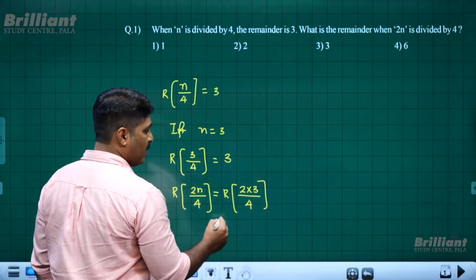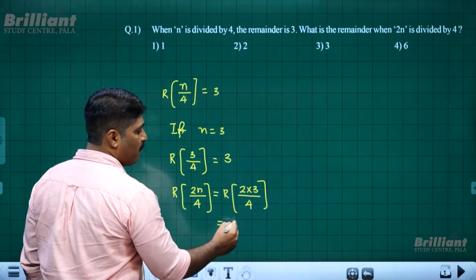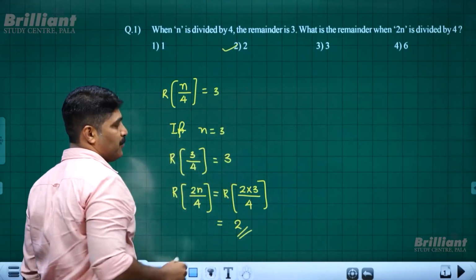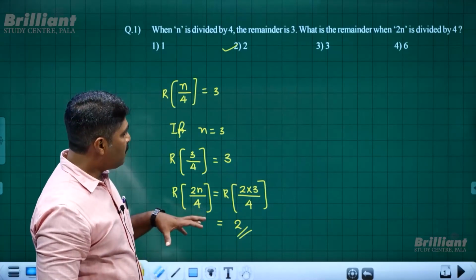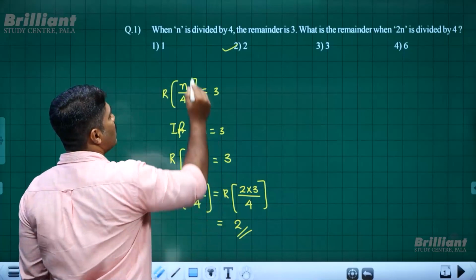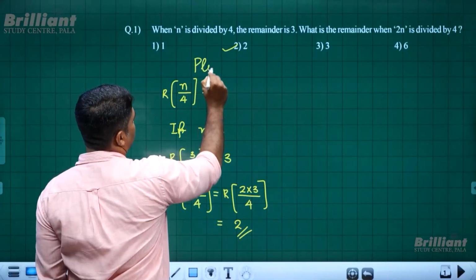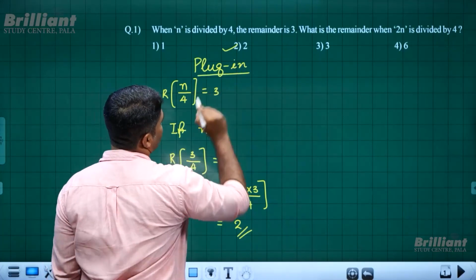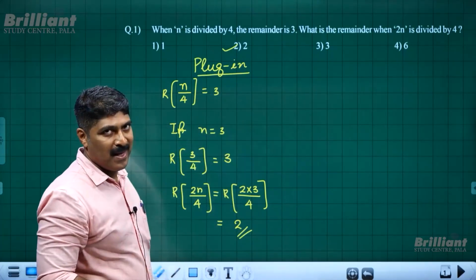The remainder of 6 by 4 is 2. Hence the answer is option 2. This is a way of sample or assumption. This method is called plug-in, where we plug in some values. In most such situations, we can catch the answer through this plug-in method.